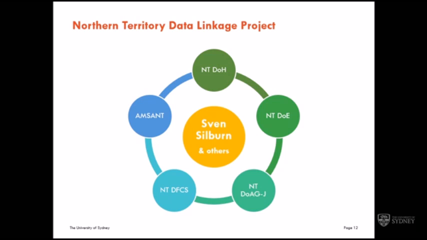So today I will talk about the Northern Territory Data Linkage Project, and maybe some of you are interested in how this even works: putting together linked administrative data resources, linking them up in a jurisdiction, and then making them usable for researchers.